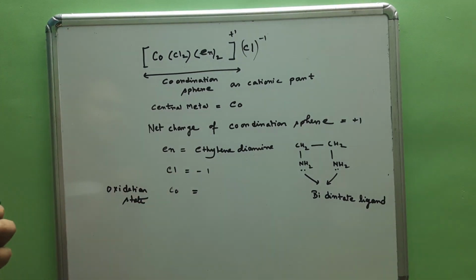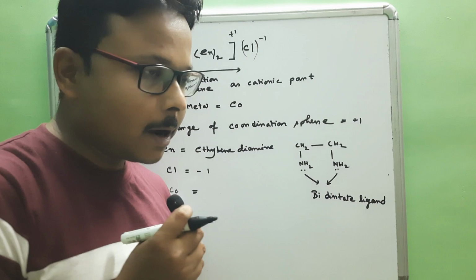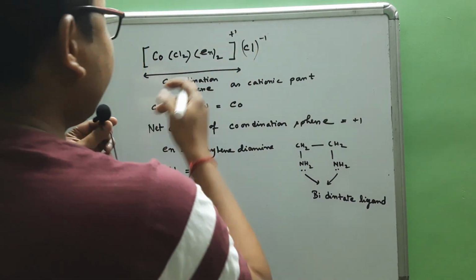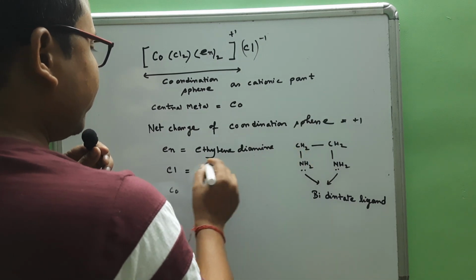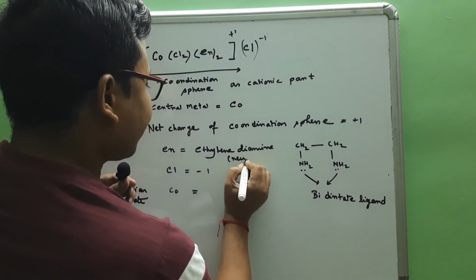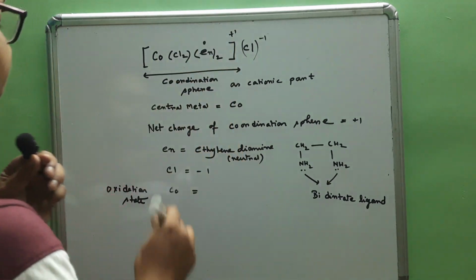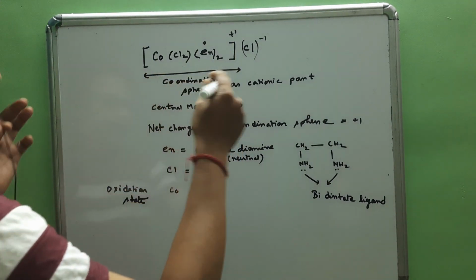Now it is very easy to calculate, because we know the total net charge of the cationic part is +1, and ethylene diamine is a neutral molecule, so it is 0, and there are two molecules in the coordination sphere.